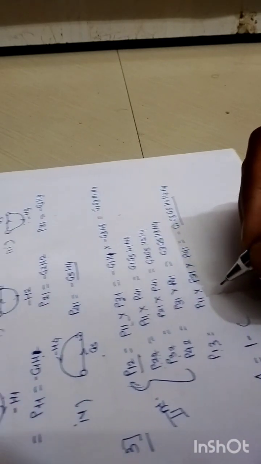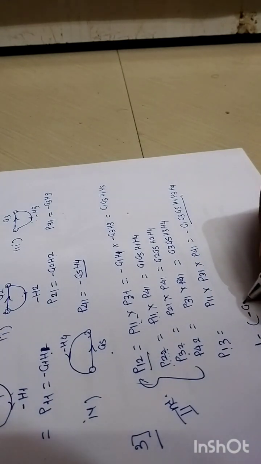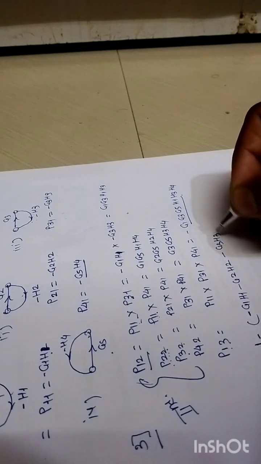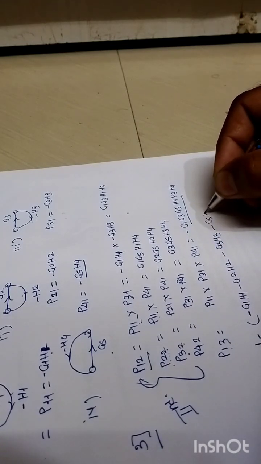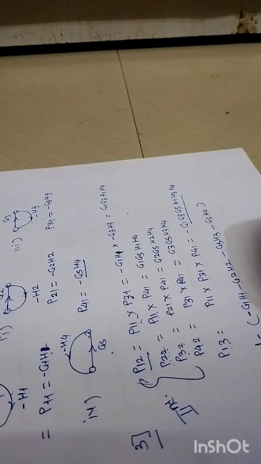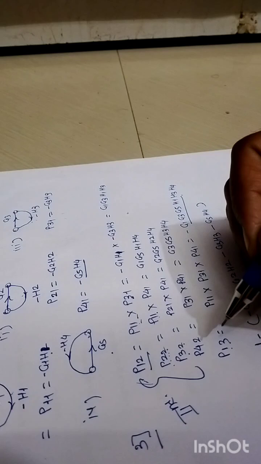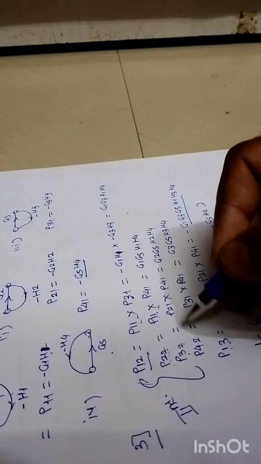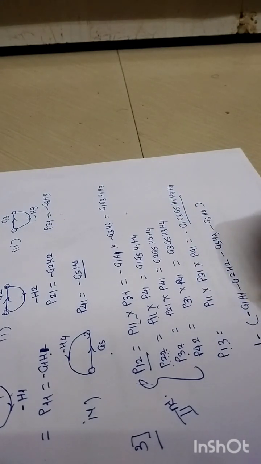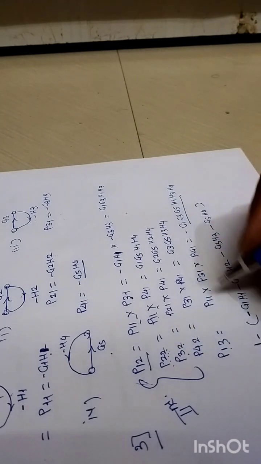Their gains are P11 equals minus G1 into H1, P21 equals minus G2 into H2, P31 equals minus G3 into H3, and P4 equals minus G5 into H4, right? Plus the gain product of first two non-touching loop, second, third, and fourth two non-touching loops. Here it will become P12, P22, P32, and P42.